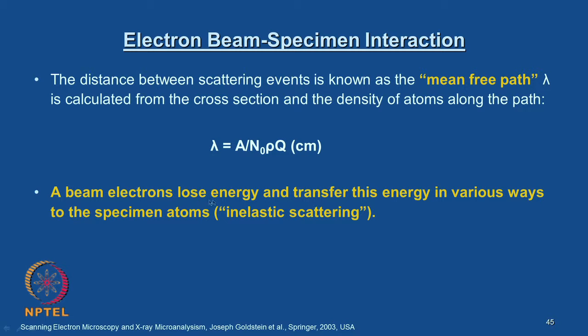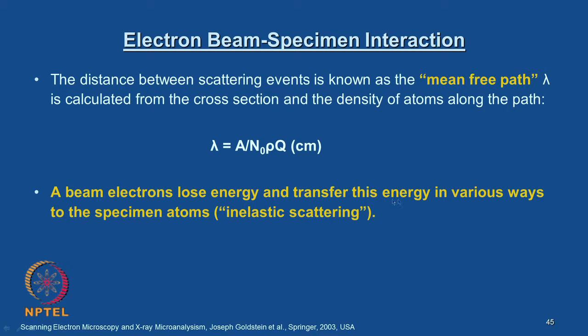Beam electrons lose energy and transfer this energy in various ways to the specimen atoms, which is nothing but inelastic scattering. You see, in an SEM, we get characteristic X-rays for chemical analysis like we discussed in the beginning.